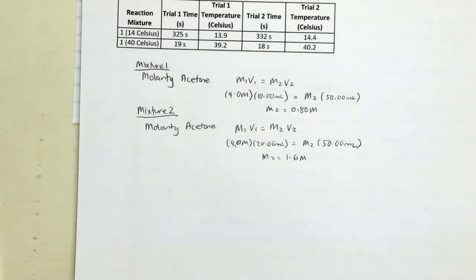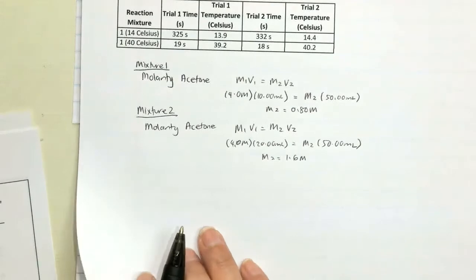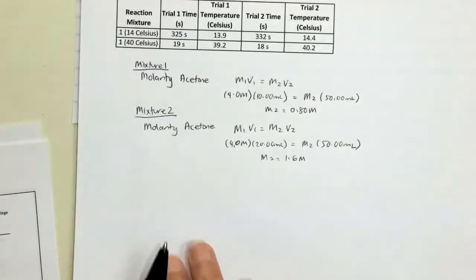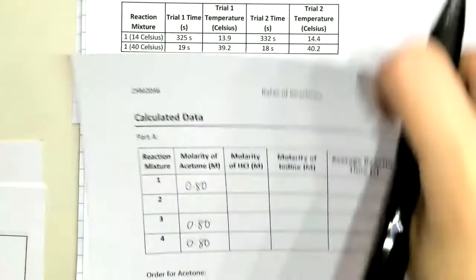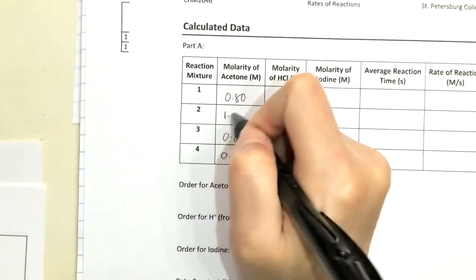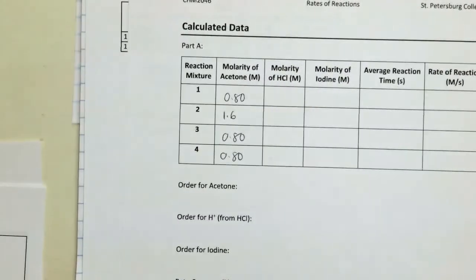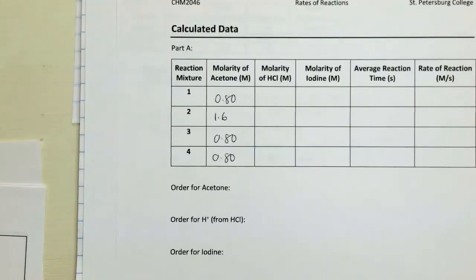Okay, so I'm going to go ahead and fill that in and put 1.6 for mixture 2 on my chart. Where's my chart? Okay, I'm keeping 2 sig figs here for my molarity.